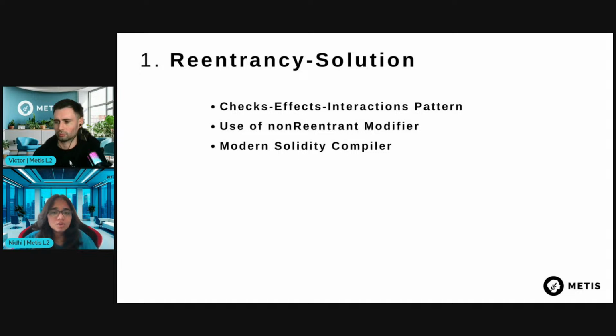So what are the solutions? After a few hacks with the reentrancy attack, we have got some patterns. We call it the checks-effects-interactions pattern. Always update the state variable before making external calls.